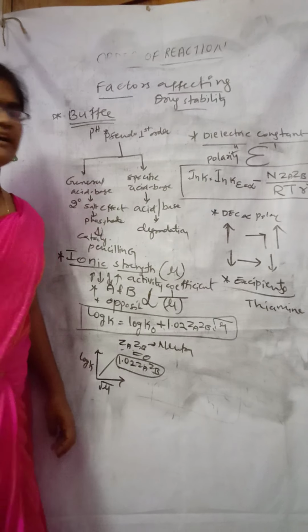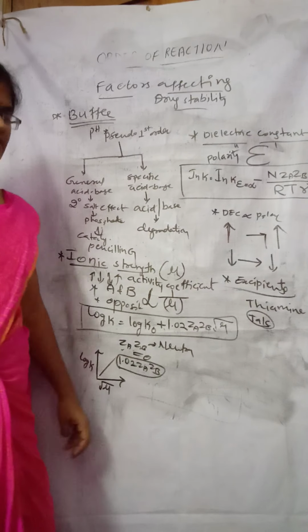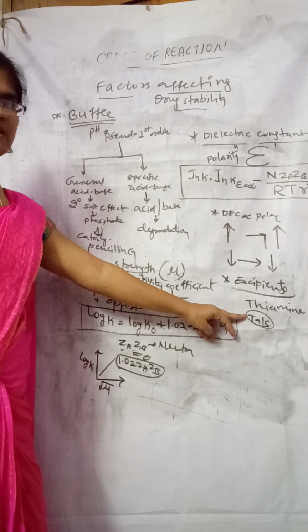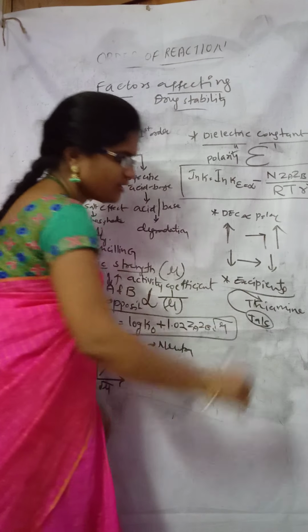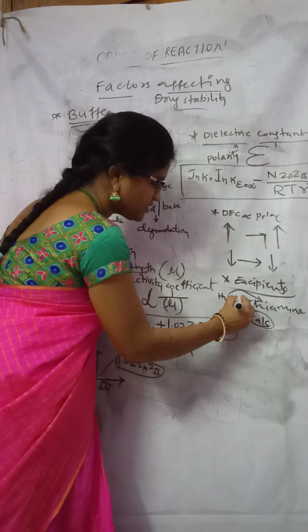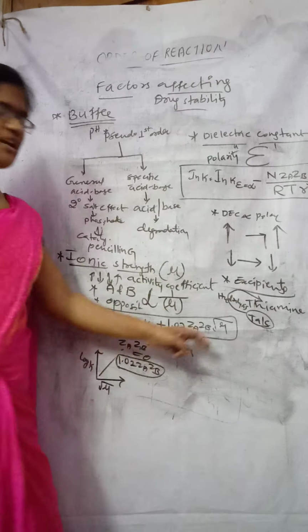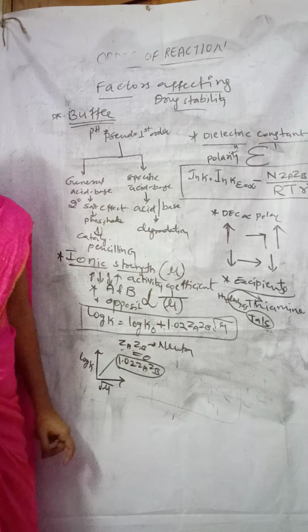Here we are going to use talc. Talc is an excipient. So this talc, when used as excipient, affects the stability of thiamine hydrochloride by the hydrolysis reaction. So in this way we can say that excipients also affect the stability of the product.